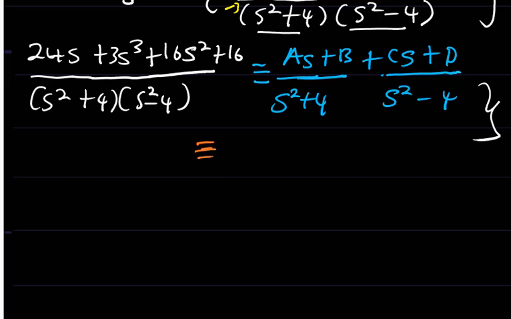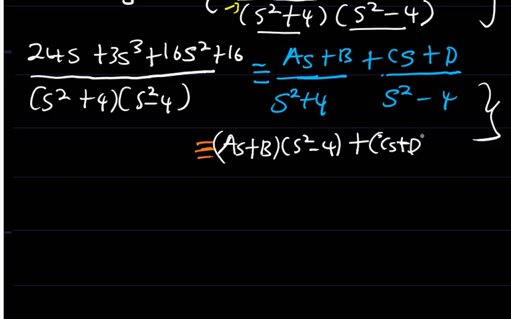Okay, so of course, let me go straight to the fraction. So this is going to be, of course, let me cross multiply. ax plus b, then multiply by s squared minus 4, plus cx plus d, then multiply by s squared plus 4.